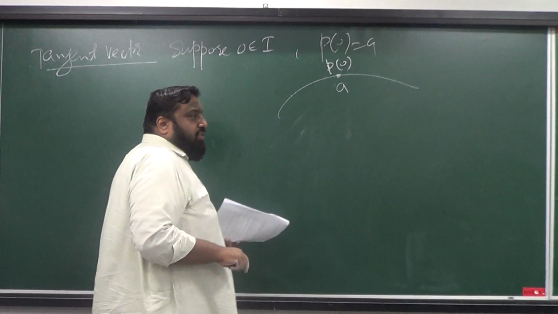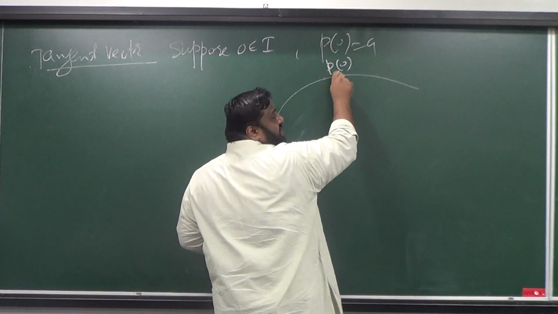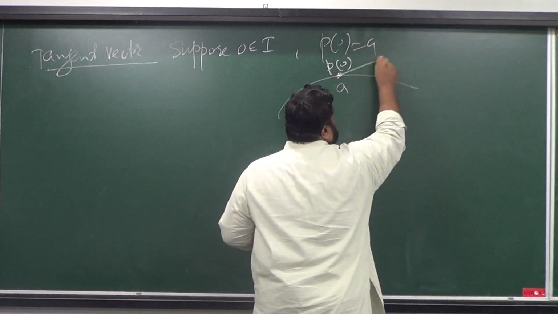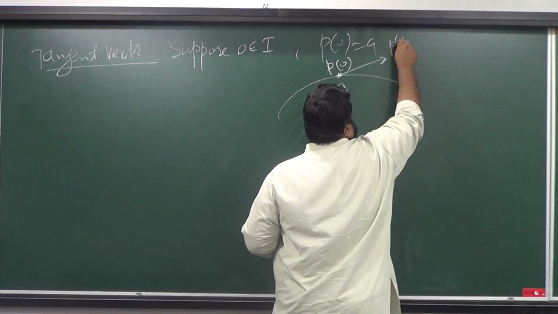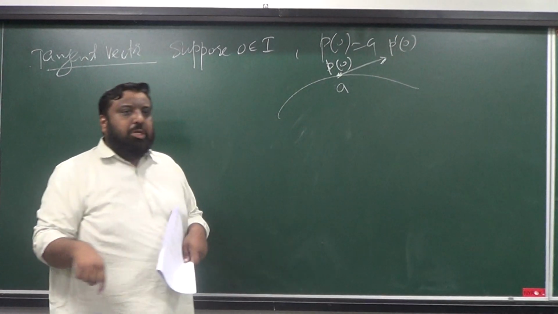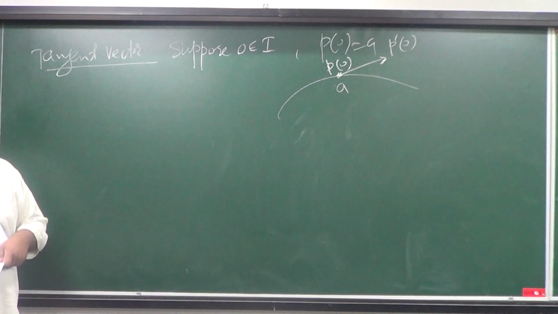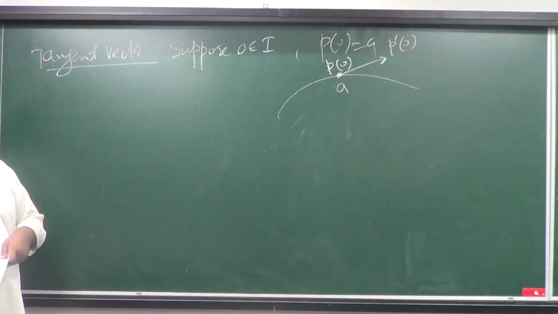If you want to draw a tangent at this point, what do you need to do? You need to differentiate the curve and substitute 0 into it. So p prime of 0 is going to be the tangent vector. So if p of 0 is the point A, then p prime of 0 is the tangent vector to the curve.